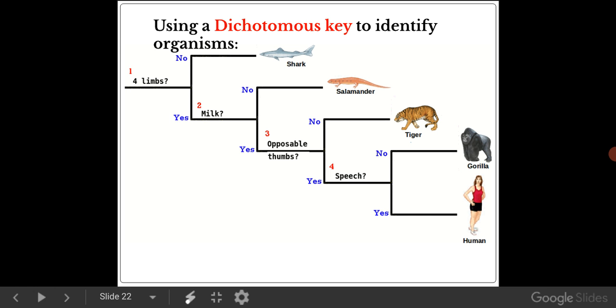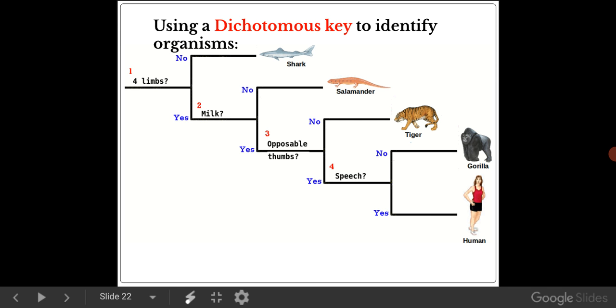Now, if you're not sure what an organism is, you can sometimes use what is called a dichotomous key to identify them. And a dichotomous key is just answering two questions and following where they lead you to get to a solution. So in this example, does it have 4 limbs? If the answer was no, we would go up and we find that what we're trying to identify is a shark.